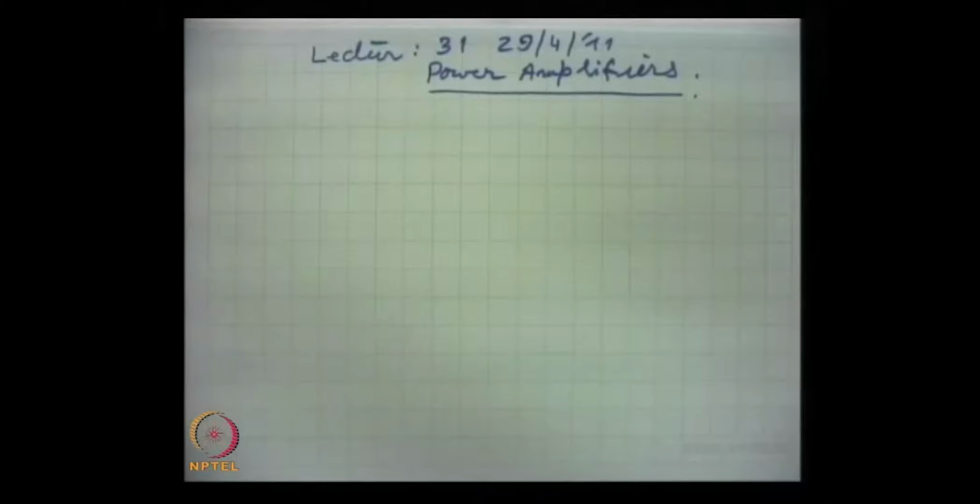Continue our discussion on power amplifiers. Just to remind you of a few points in power amplifiers: almost the whole active region is used because of large current and voltage swings.